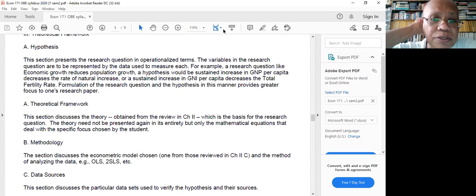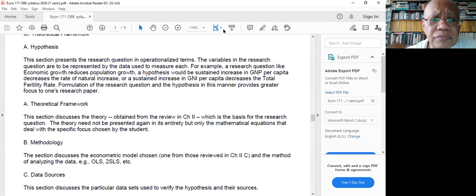Okay, so that's your research question. The hypothesis would be, for economic growth, perhaps the data that you used would be sustained increase in GNP per capita. And then for population growth, the data that you used would be the rate of natural increase. So the hypothesis will be: sustained increase in GNP per capita decreases the rate of natural increase.